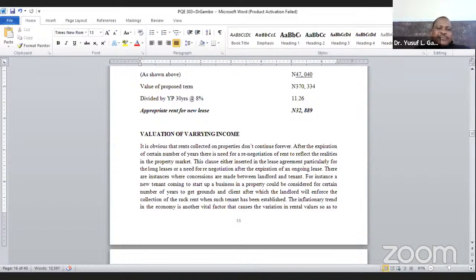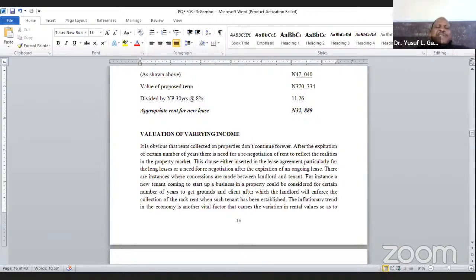Now, you have instances where there is varying income. In the same property, you have a lessee and a sub-lessee. You all know that. It's not new to you. Sometimes you pay rent, and in consideration of maybe an extension, or you want to surrender and renew, there will be a different income.